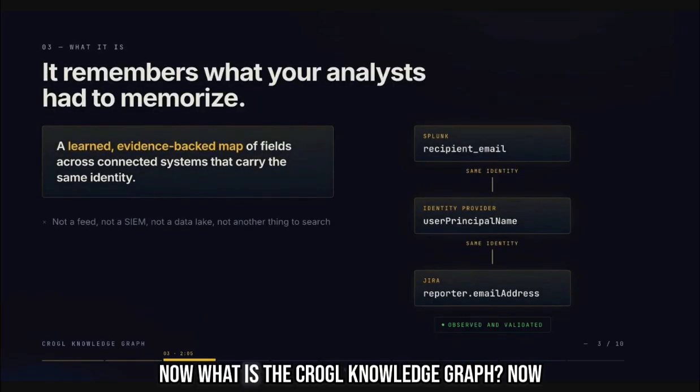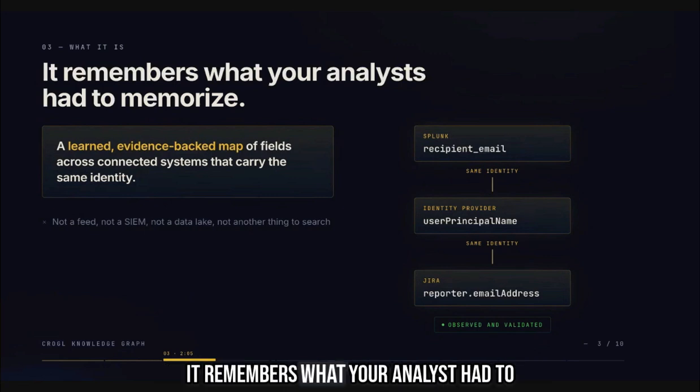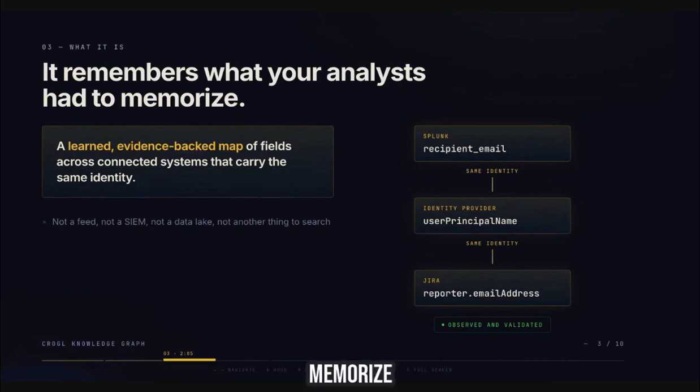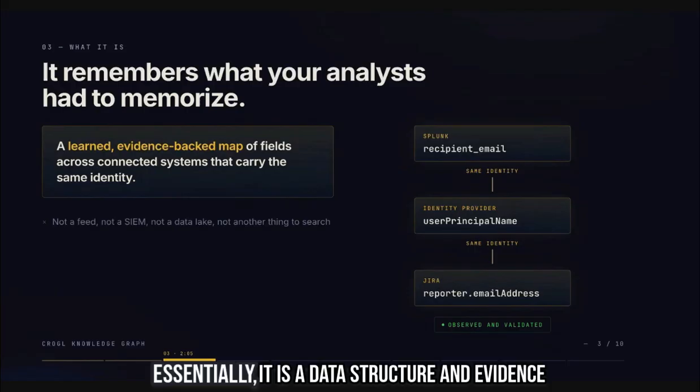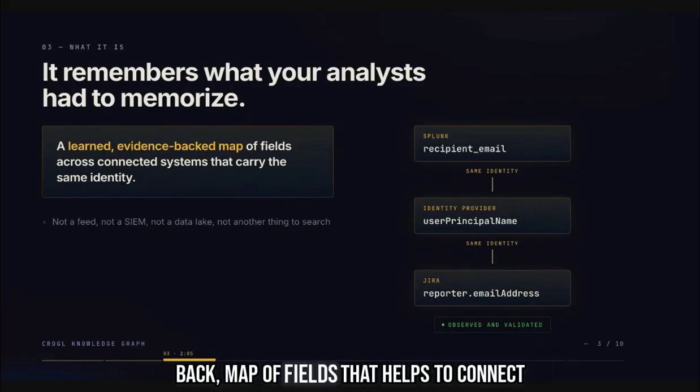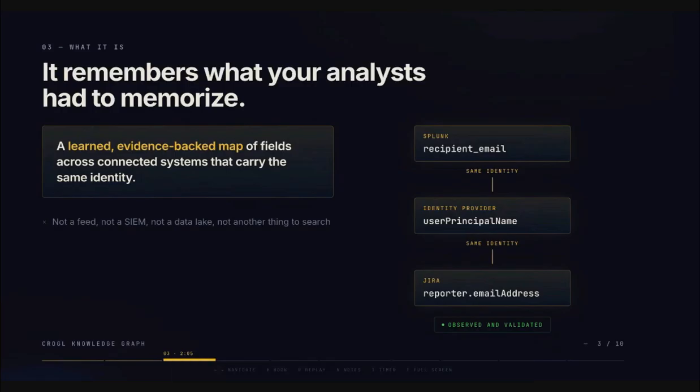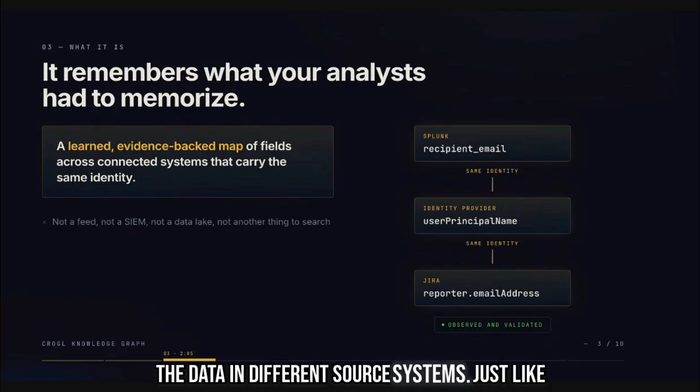Now, what is the Crogl Knowledge Graph? It remembers what your analysts had to memorize. Essentially, it is a data structure and evidence-backed map of fields that helps to connect the data in different source systems.